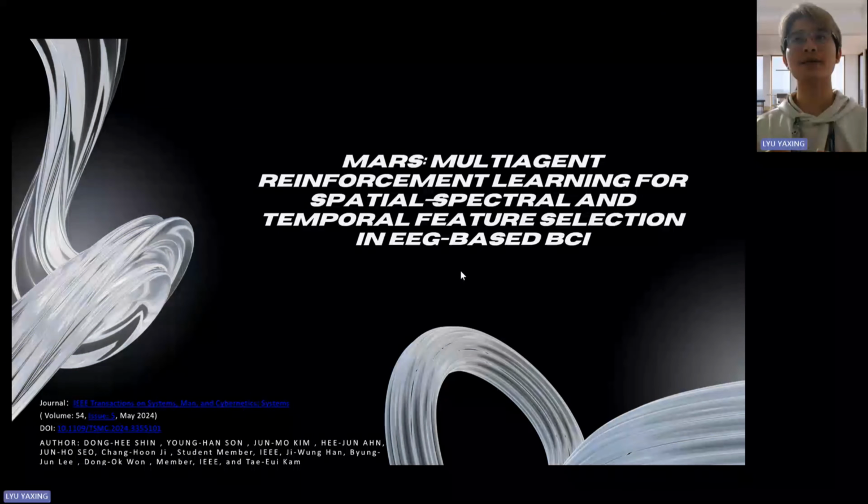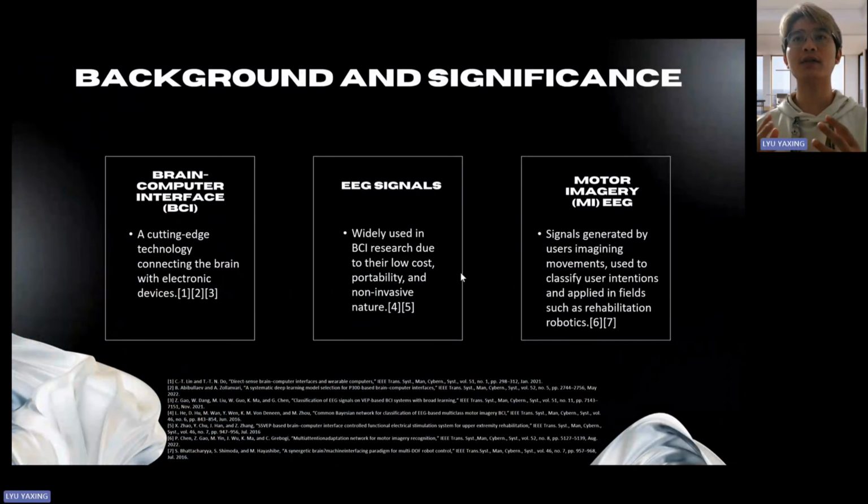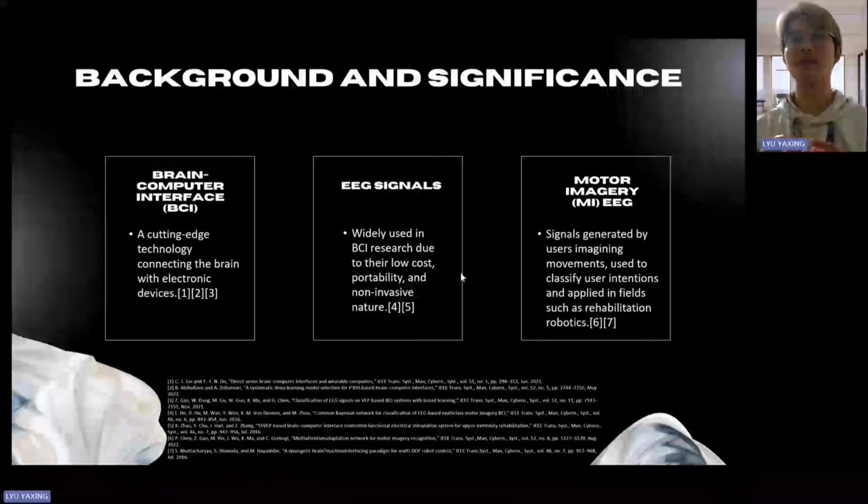First, introduction. BCI is a cutting-edge technology that connects the brain to electronic devices, widely applied in areas like rehabilitation and robotics. EEG signals, as a common type of brainwave data, have become crucial in BCI research due to their low cost, portability, and non-invasiveness.